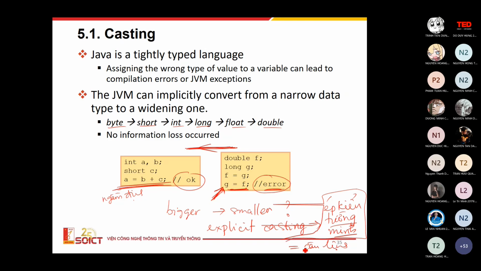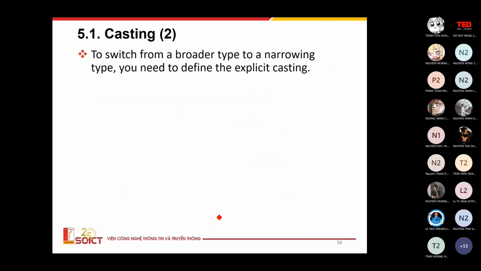Đấy. Được chưa? Okay, we will go to see how we can do the explicit casting. Okay, this is for when you want to convert from a bigger type to a narrower, smaller one. Okay, you want to convert from a broader type to a narrowing type. You have to do it explicitly.